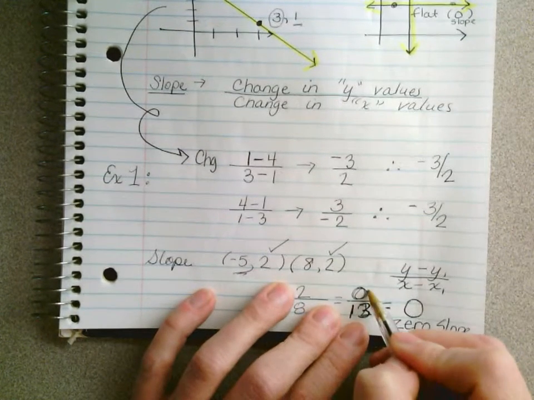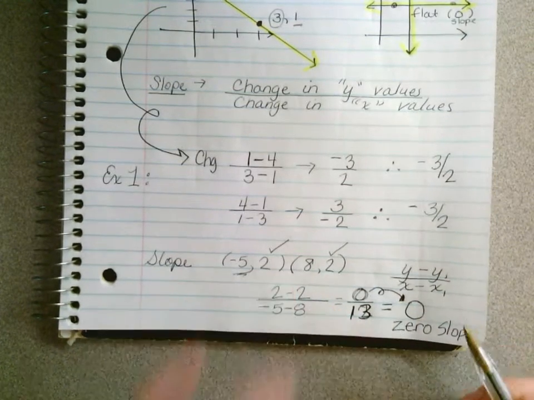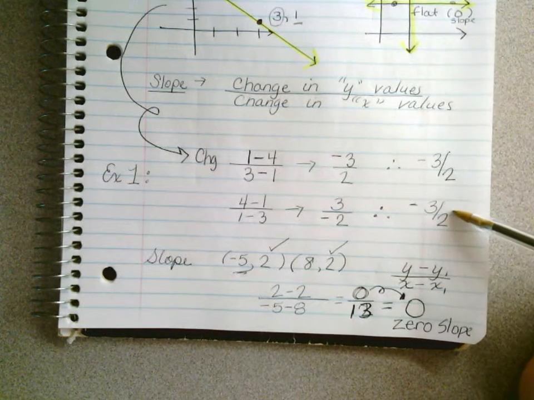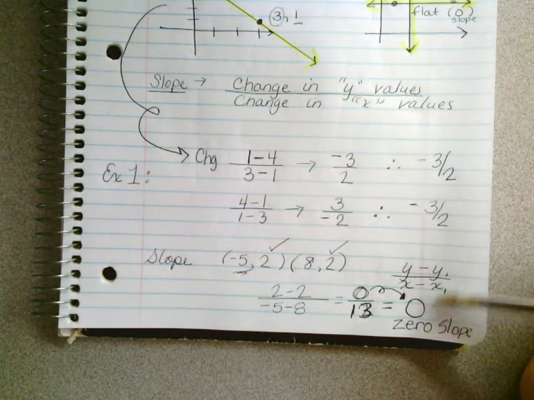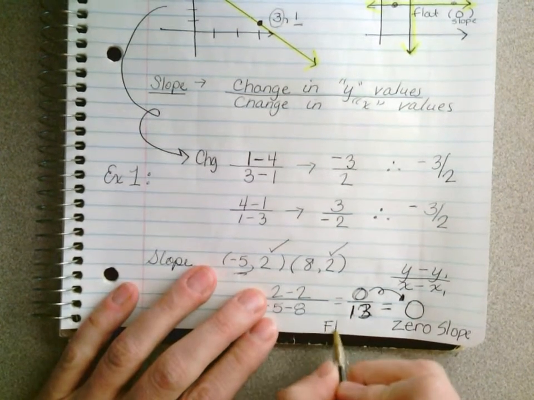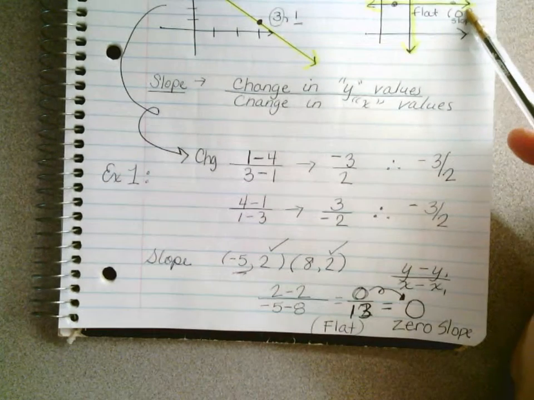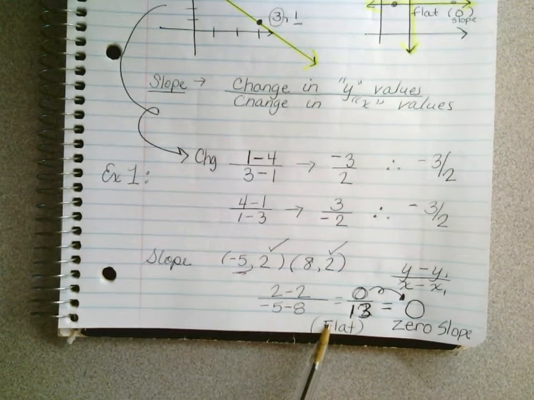Okay, when 0 is the numerator, it's 0 slope. Okay, so here's one normal example. Here's one that has 0 slope. 0 slope means it's a flat line, right? If you remember from the sketch up there, 0 slope means flat line. This is probably one of the main points of confusion.